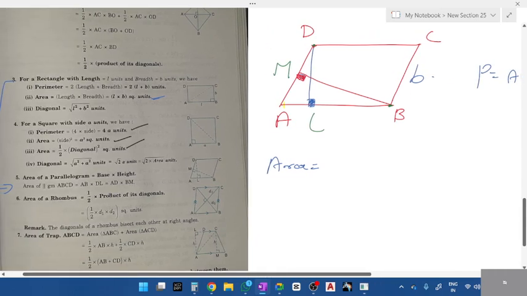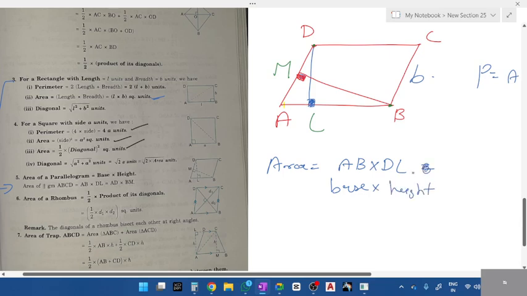Now area. Area is nothing but AB into DL. Right? Look here. First take AB, students. For side AB, which line is touching? DL. So AB is known as the base and DL is known as the height.